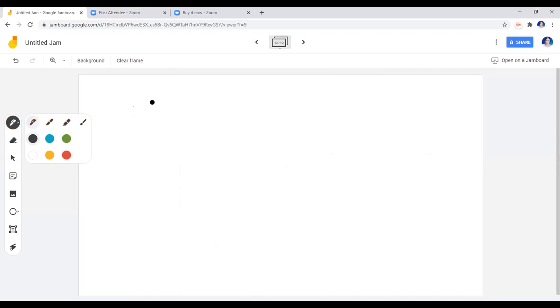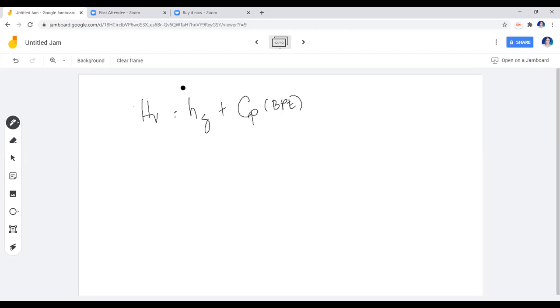So we have HV is equal to Hg plus the Cp of steam times the BPE. Take note of this formula. The saturated vapor enthalpy, if you have the superheat, will be added to the product of the Cp and the BPE. Okay? So for our steam, we will have the Cp equal to 1.8. Okay, 1.8.